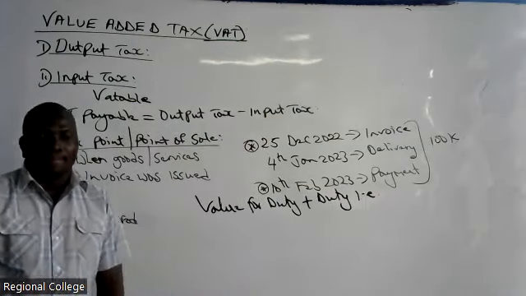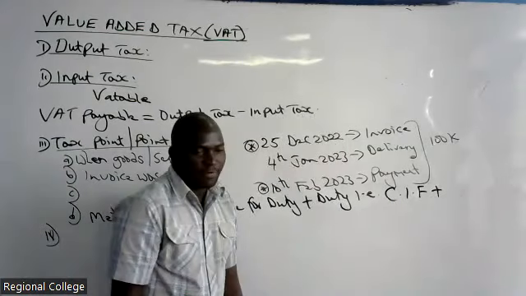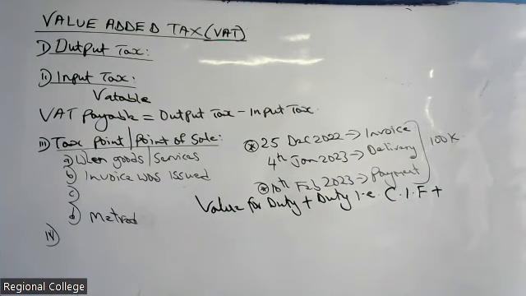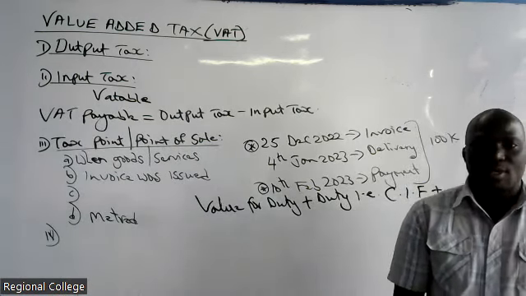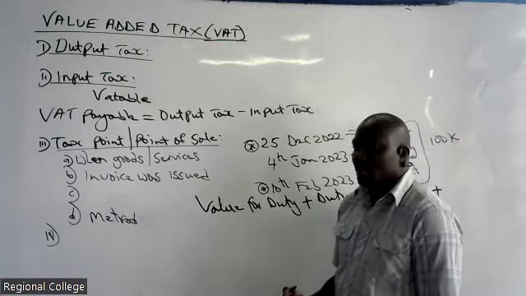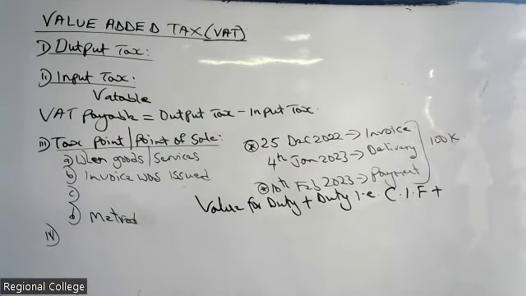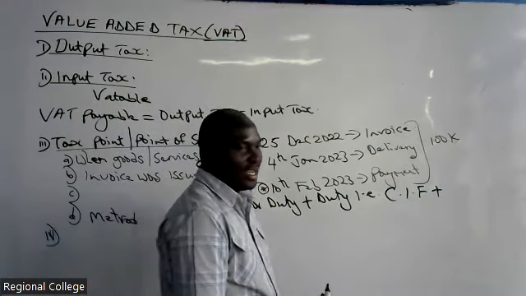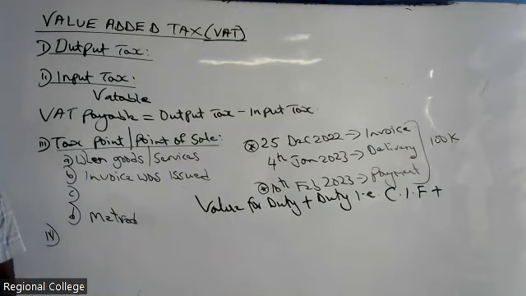i.e. CIF, which stands for: C for cost, I for insurance, and F for freight.